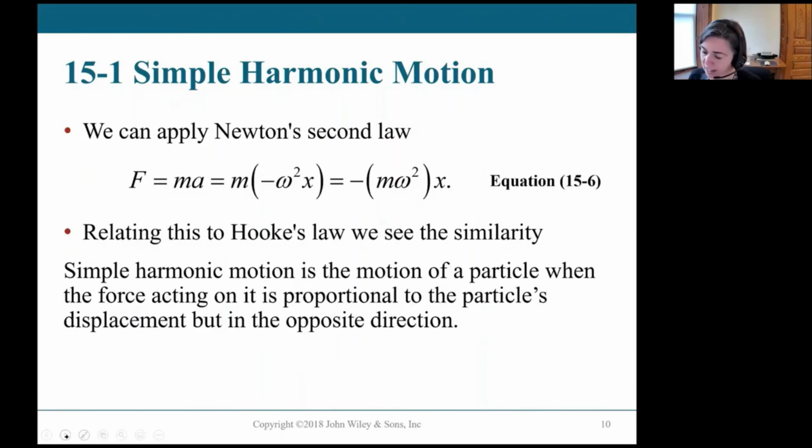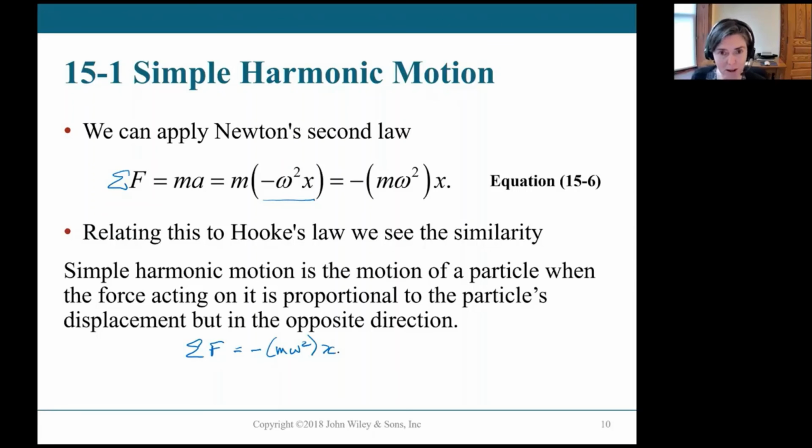Just to connect back to Newton's second law for a second. The net force is equal to ma. We've discovered we can write a as negative omega squared times x. So if you put the m and the omega squared in a bracket, you end up with F equals negative m omega squared times x.